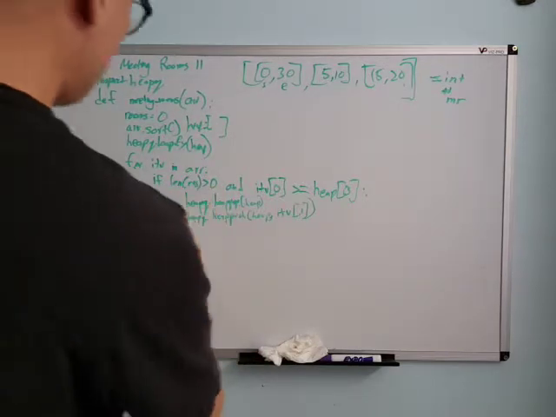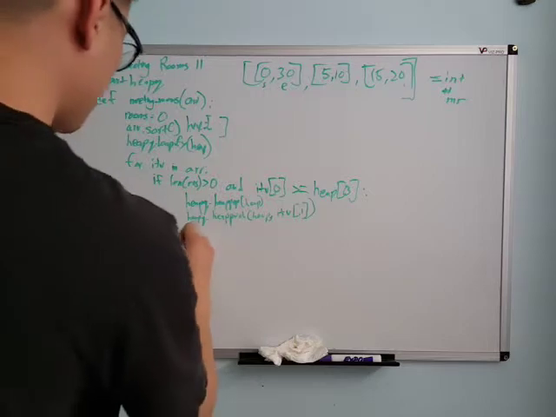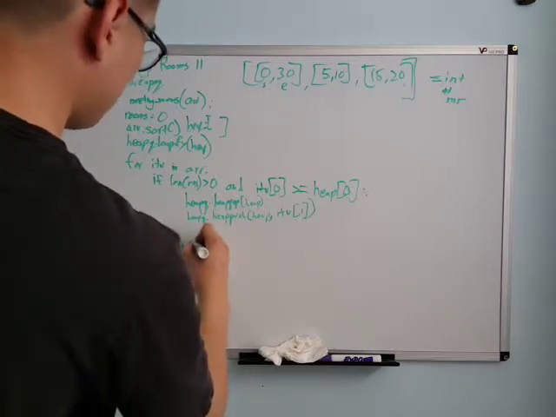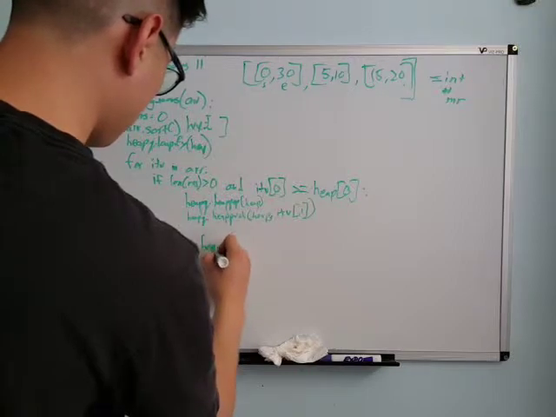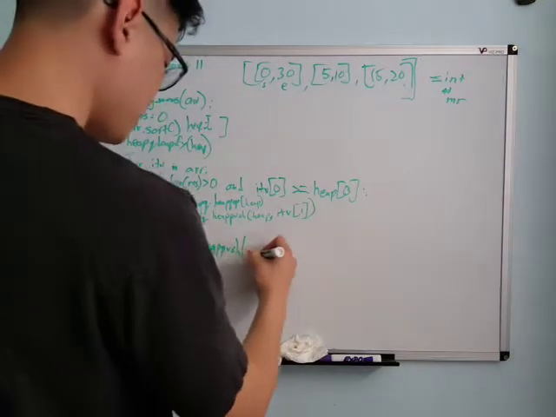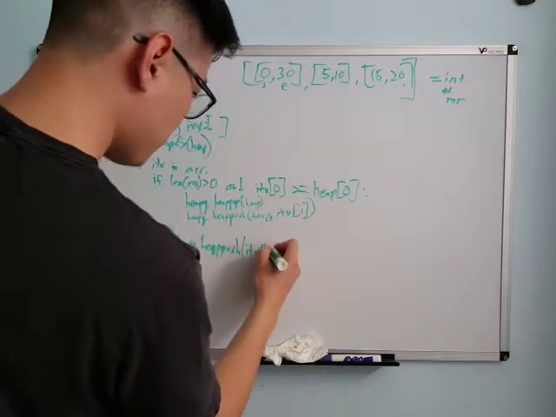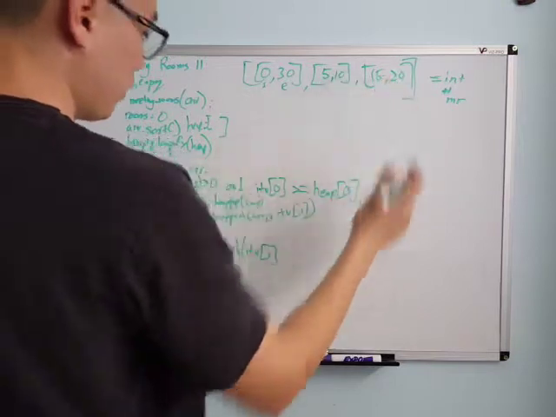And then otherwise, we would just push it onto our heap. heapq.heappush ITV, the end. We're only storing the end intervals in our heap.